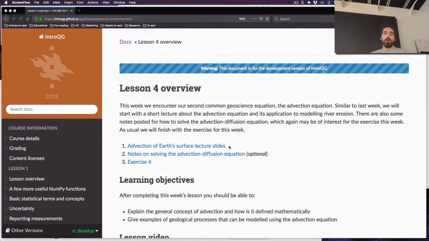No. Okay. So then like last week, we're going to start out with a little lecture to introduce the advection equation and how it's used. And then there are, again, some notes here on the course page about how to solve, in this case, the advection diffusion equation.